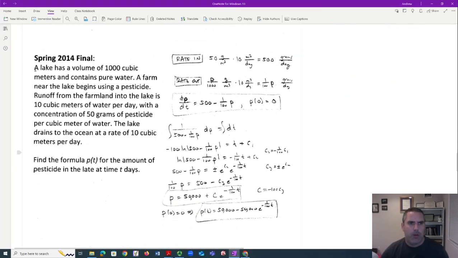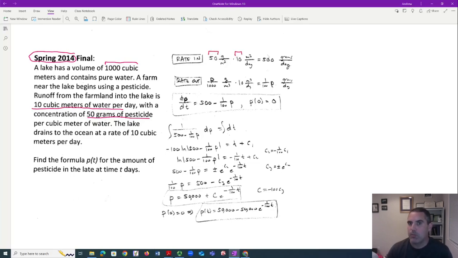I was looking through old exams, and the spring 2024 final talks about a lake that has a certain volume. This is a mixing problem. Instead of a vat, it's a lake. Runoff from the farm, there's 2 cubic meters of water per day coming in with 50 grams of pesticide. So there's the concentration coming in and the flow coming in.